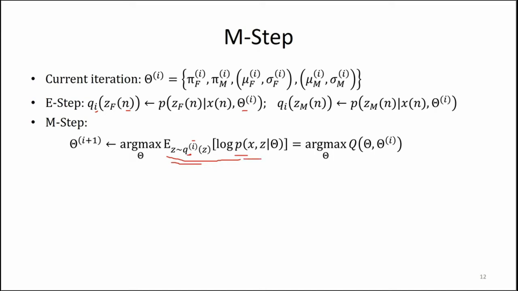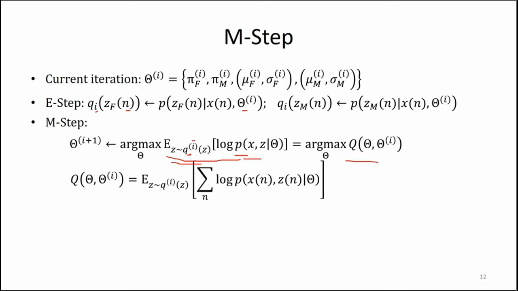And so this expected value of log P of x comma z given theta is the Q function, Q of theta comma theta i. So Q of theta comma theta i is explicitly given by this expression here: the expected value under z following the distribution q i of z of the summation over n of log P of x n, z n given theta. Why this summation now?